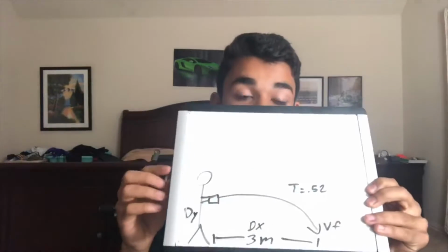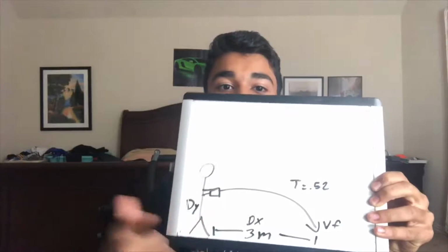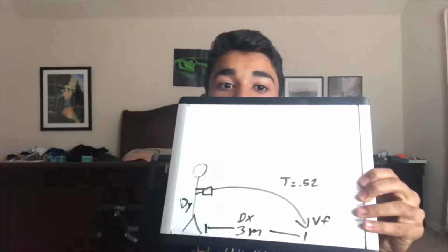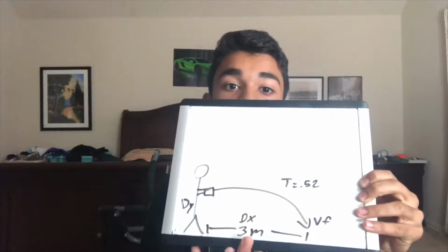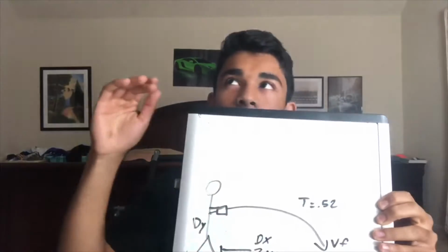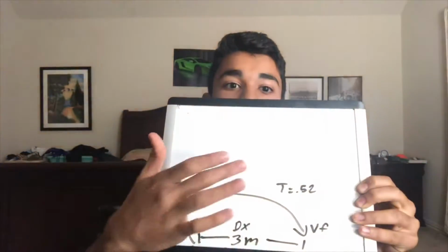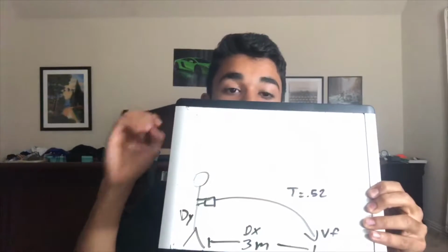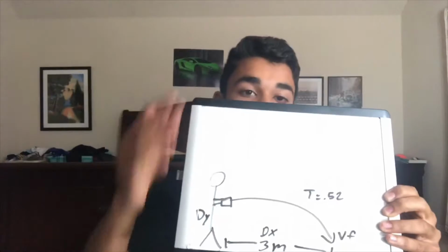Now, what we do know is the distance between the ball hitting the floor and me launching it, which would be 3 meters. So this is the y displacement. And we know the time that it took between me projecting the marble and the marble hitting the floor.